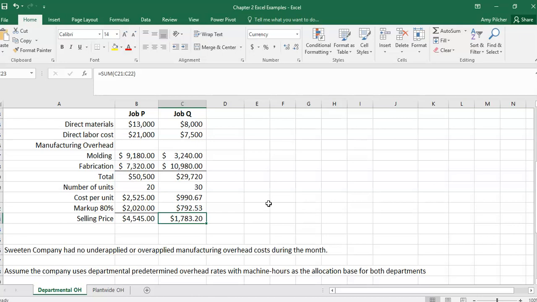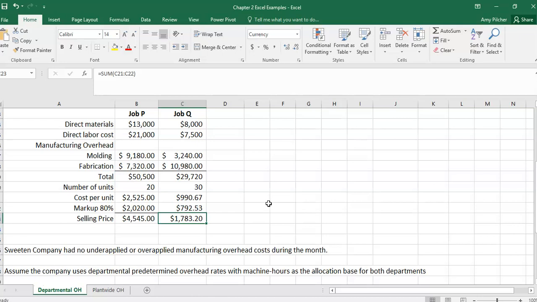So they can't combine selling and administrative or period expenses into their manufacturing overhead costs and then spread all of those costs around. So that's a GAAP rule. The other rule is that they have to be consistent with what they're using.